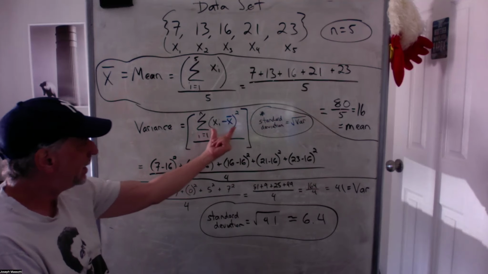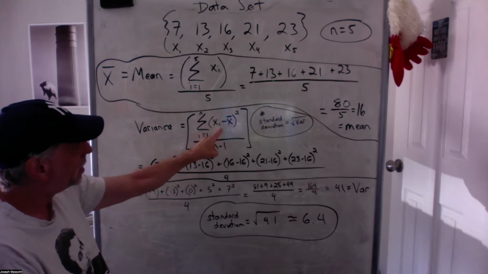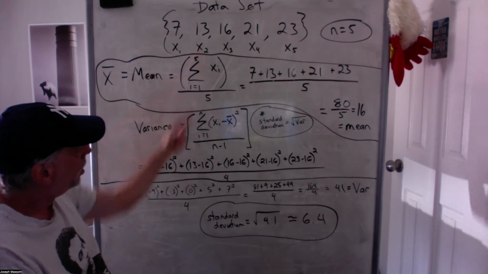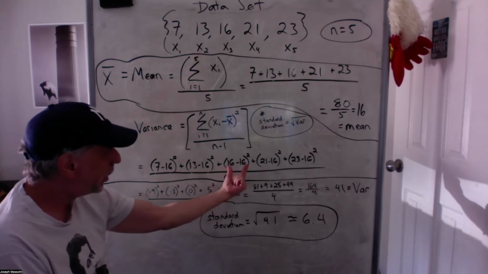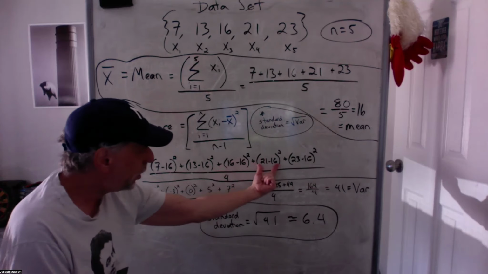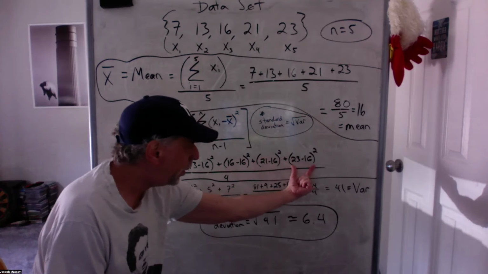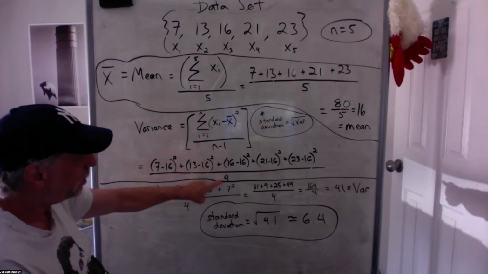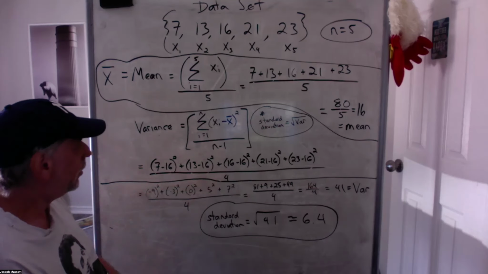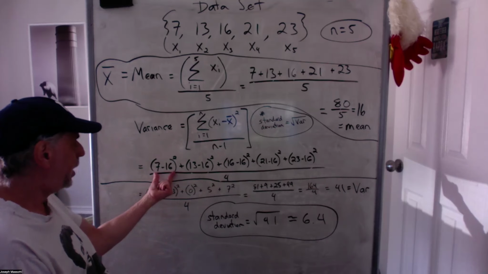We take the second value, x sub 2, subtract the mean, and square it. We take the third term, the fourth term, and the fifth term. And in this formula, we divide by n minus 1, just because. So we get a 4 there. So the difference here is negative 9.